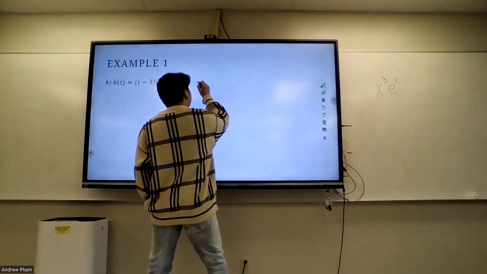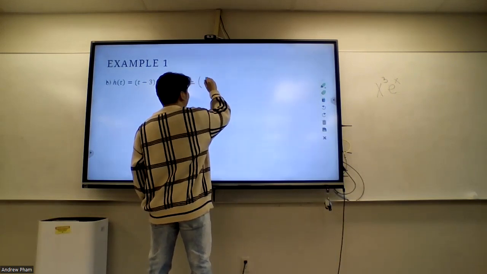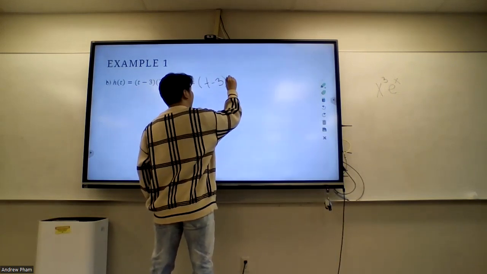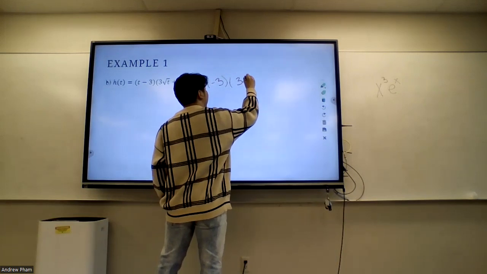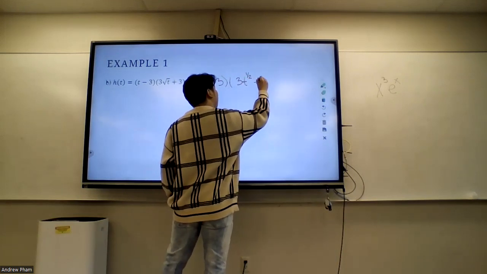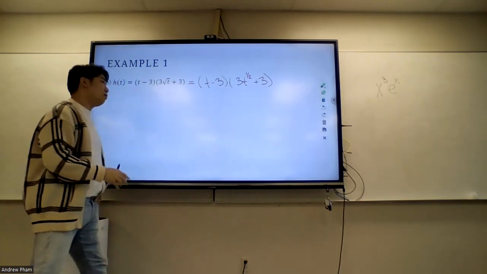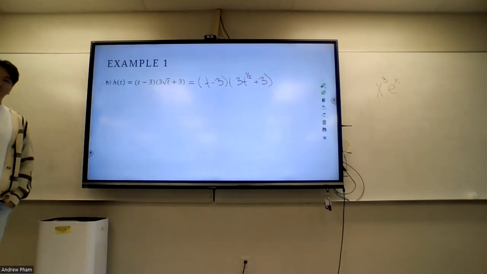So I'm going to rewrite this slightly, not by much: t minus 3 times t plus 3 to the 1/2 power. So again, I just changed that radical into a fractional exponent.